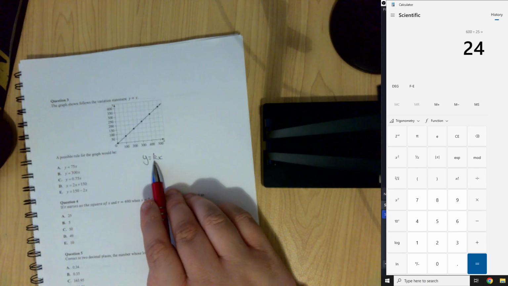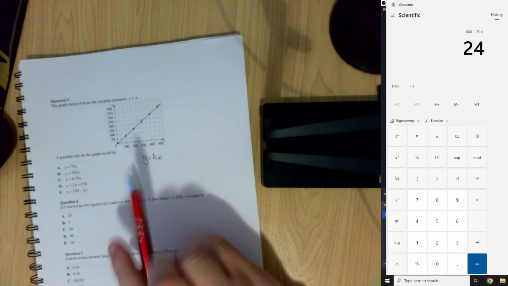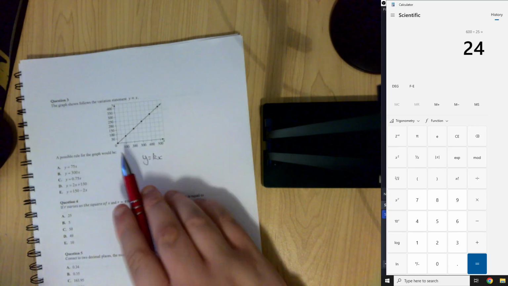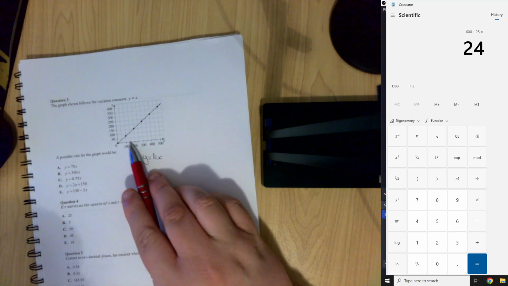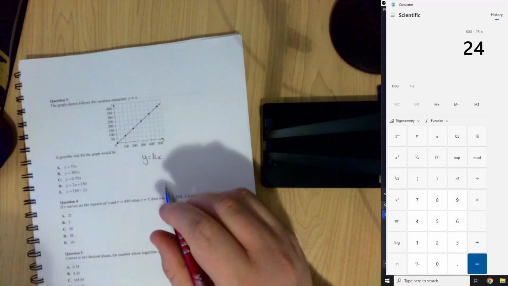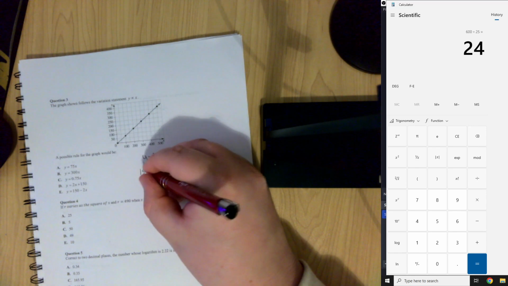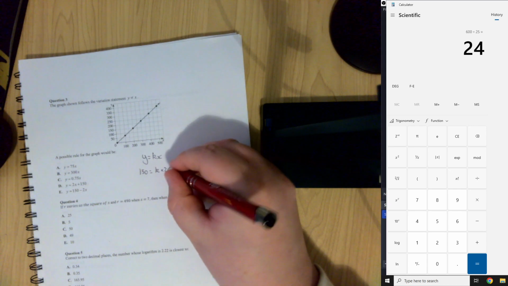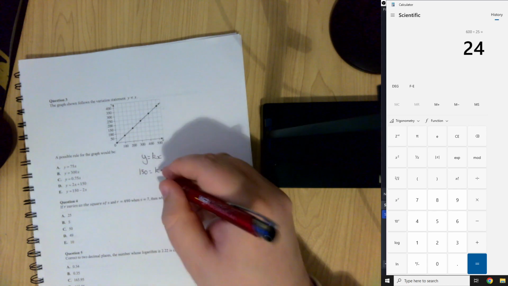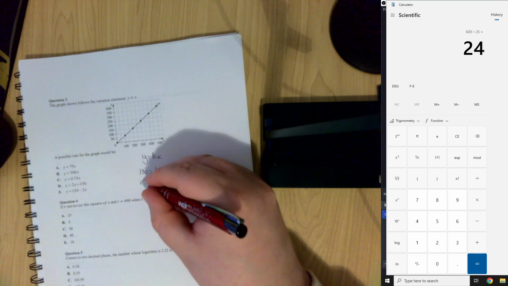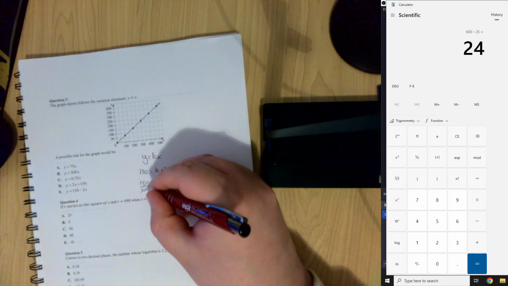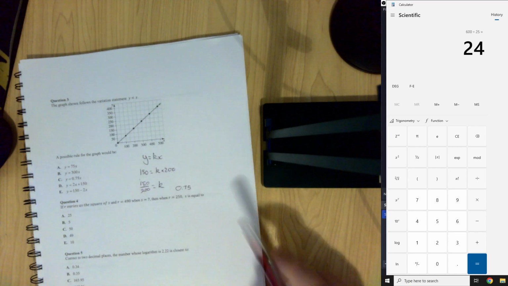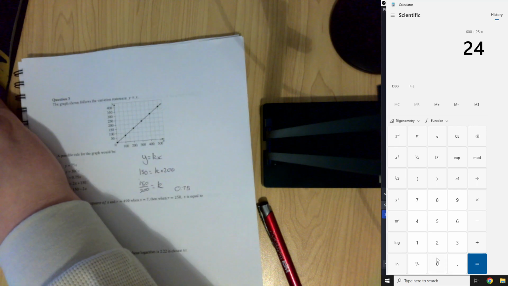We can do that by finding a value and substituting in. So you could pick what seems to be clean, 200 and 150. So when y is 150 and x is 200, therefore k is 100 over 250, which is 0.75.